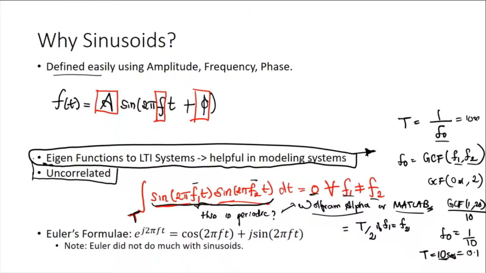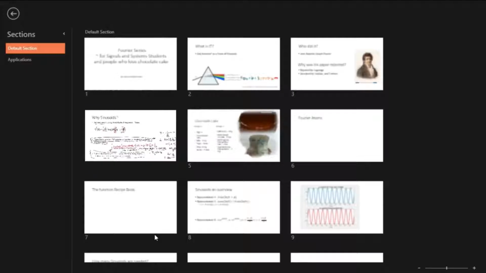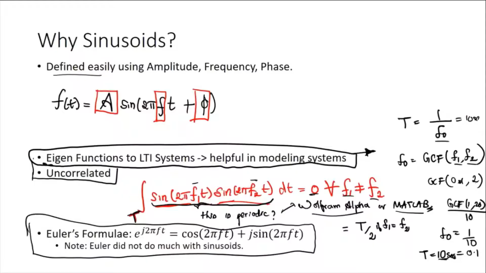Now, this is just a side note. I want you to recall this from your middle school. This is Euler's formula: e power j theta equals cos theta plus j sine theta. j is the root of -1, so this is a complex number. Later on I'll be using this a lot.